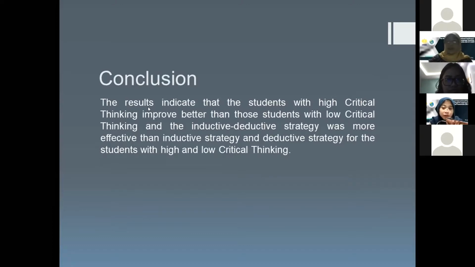Thank you, Mbak Dea, for that very brief presentation. Let me double check whether the second presenter, Ibu Bunga Febriani, is already present. Are you here, Ibu Bunga? Then in team with Prof. Vivi, Prof. Yan, and Prof. Isi.